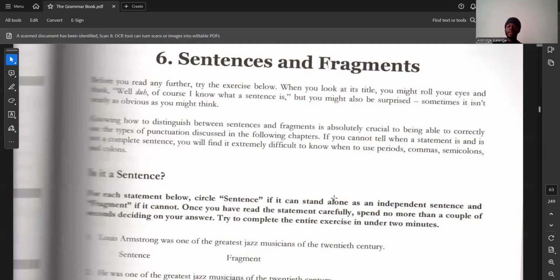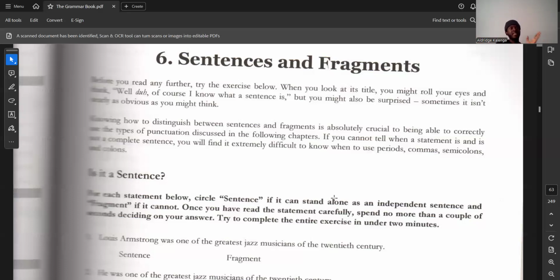So if I come to you and say, Louis, because he was a fast runner, and I just stop, that is a fragment. If it's something that makes you want more information, or ask questions like, okay, and then what, it's most likely a fragment. Because he was a fast runner, he earned a gold medal. That's a sentence, right? That's complete.